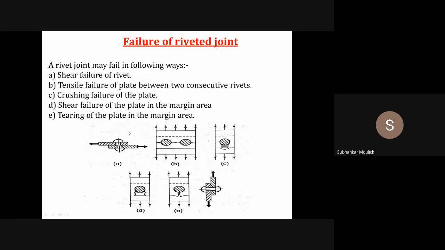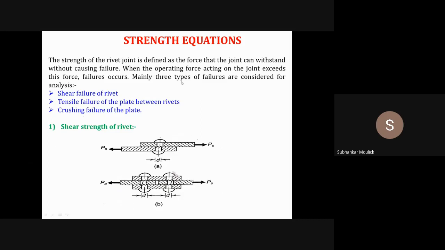Okay, so I think we can stop over here. In the next class, we will try to find out the equations which are responsible for failure. Those equations are called strength equations. Those equations are nothing but the design equations.